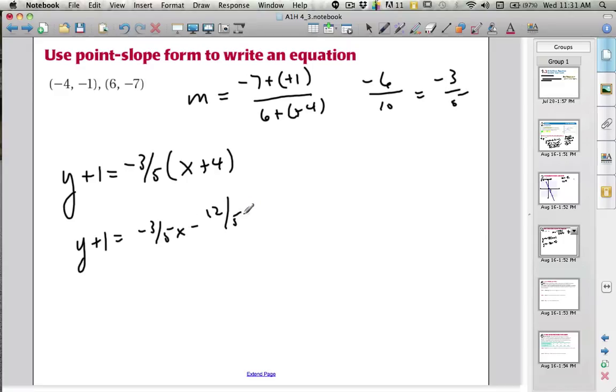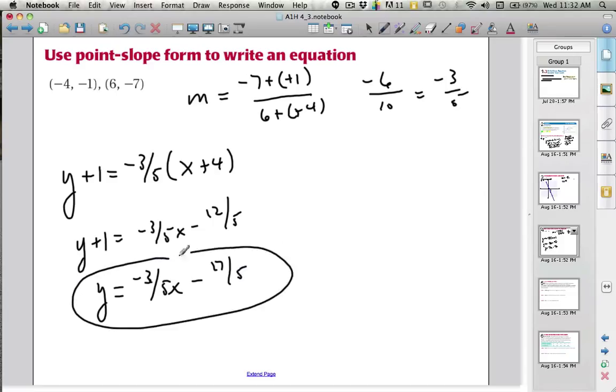And then when I subtract 1 from either side, 1 of course is 5/5. So I'll have negative 3/5 x minus 12/5 minus 5/5 is minus 17/5. Okay, and there's my equation.